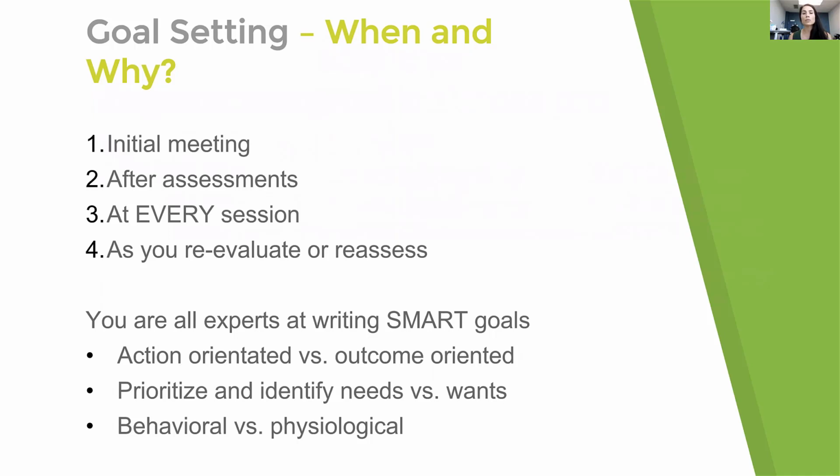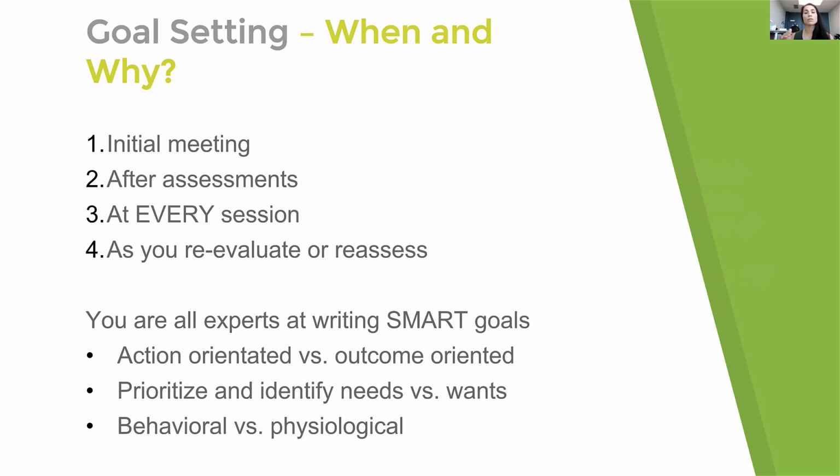And when you set SMART goals, it's important for us to know the difference between action-oriented versus outcome-oriented. Outcome-oriented goals are typically what your client will say. I want to lose 10 pounds, okay? Then you have to reshift that and say, that's really wonderful, okay? Let's go ahead and figure out what action goals you can set to get to that outcome-oriented goal.